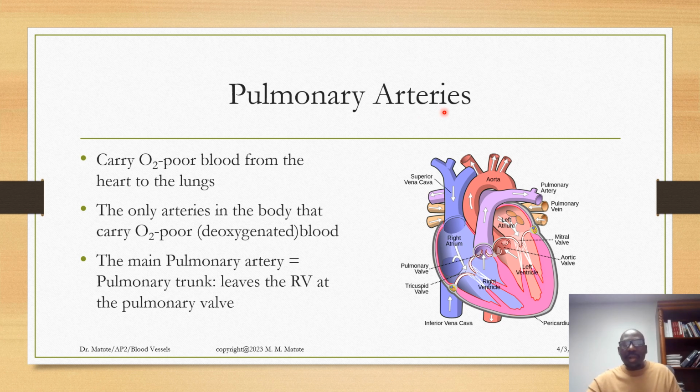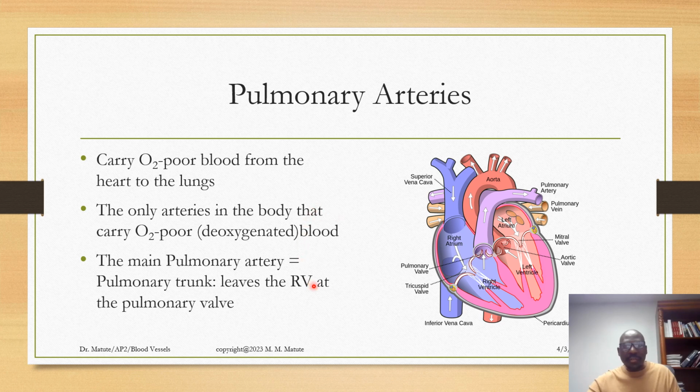So one more time, arteries transport oxygen-rich blood, but the pulmonary artery transports oxygen-poor blood. Pulmonary refers to the lungs. It is the pulmonary arteries that transport oxygen-poor blood from the heart to the lungs for gaseous exchange.